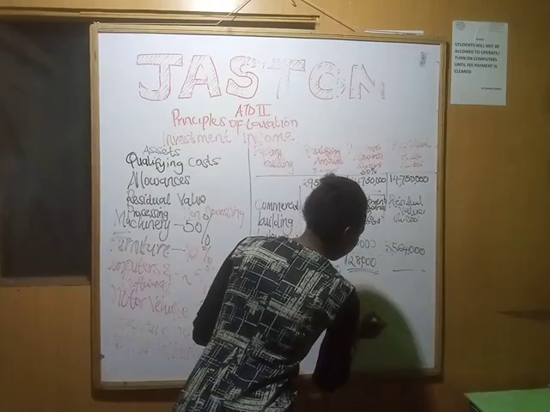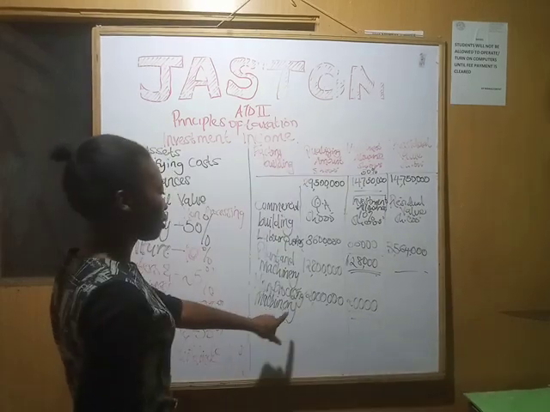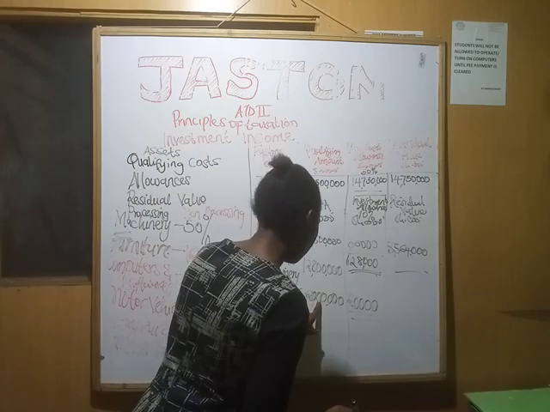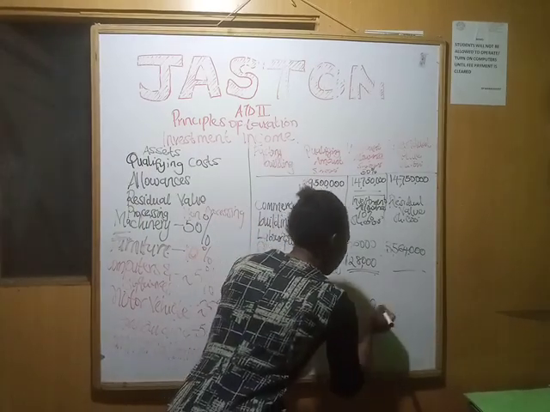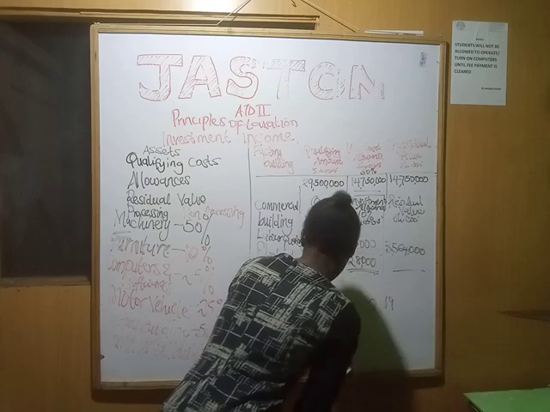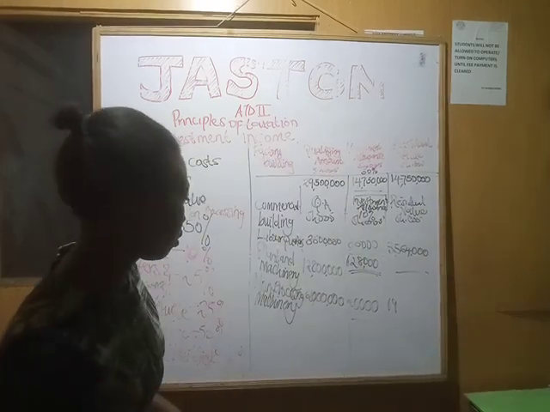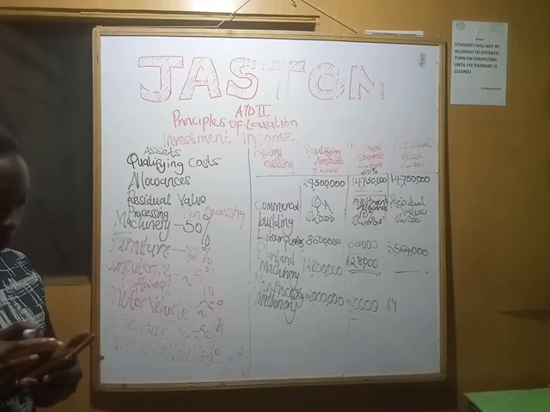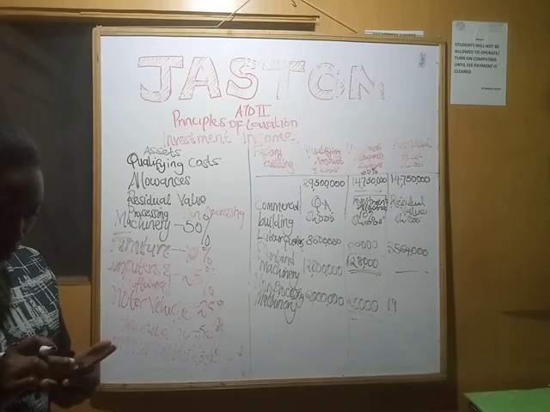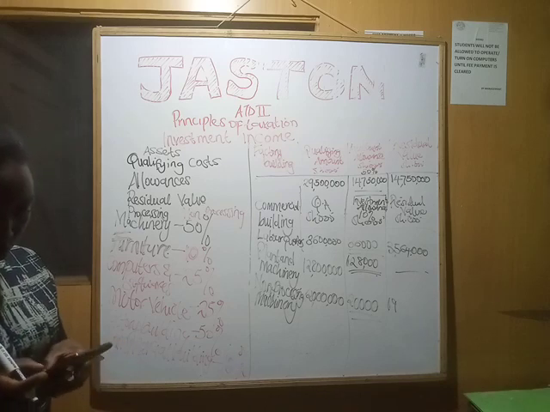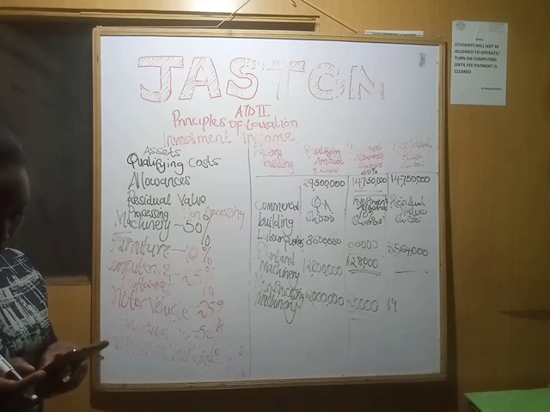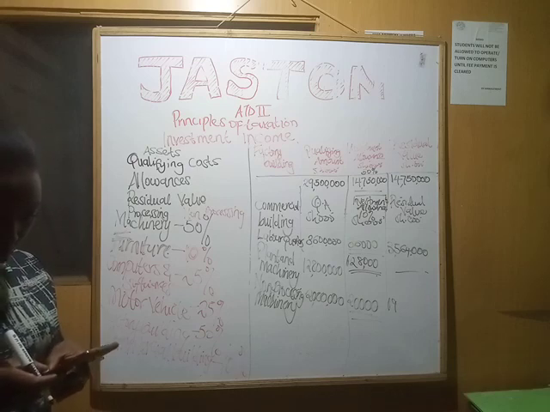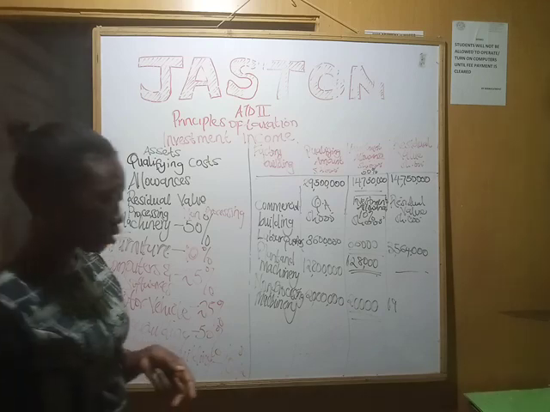This is our investment allowance. We less it from the 2 million. Let's just calculate: 2 million less 20,000 gives 1,980,000.